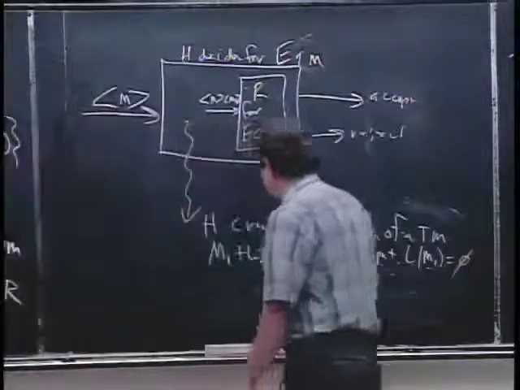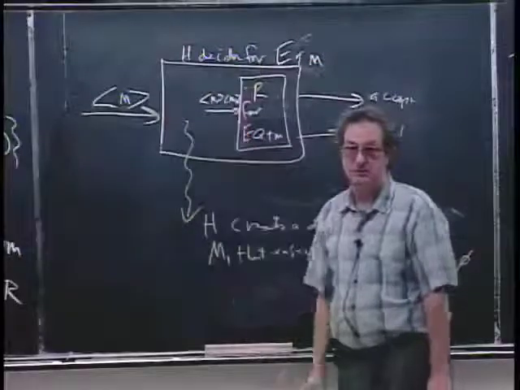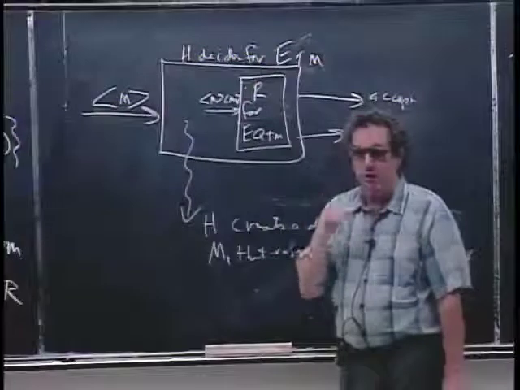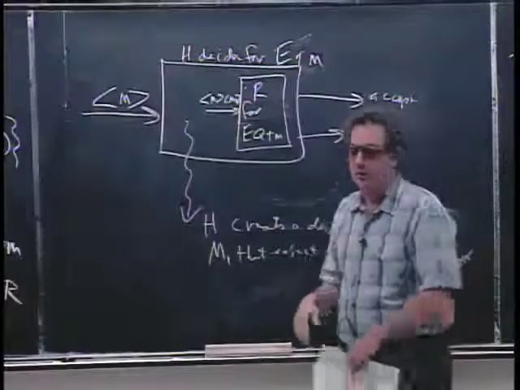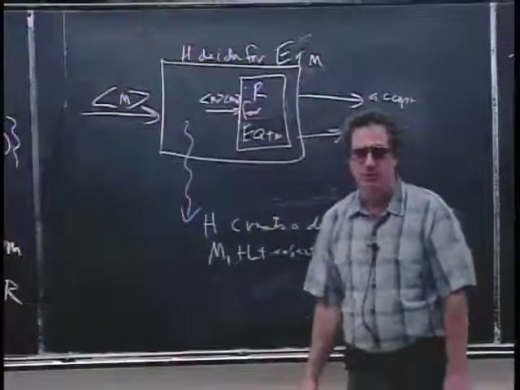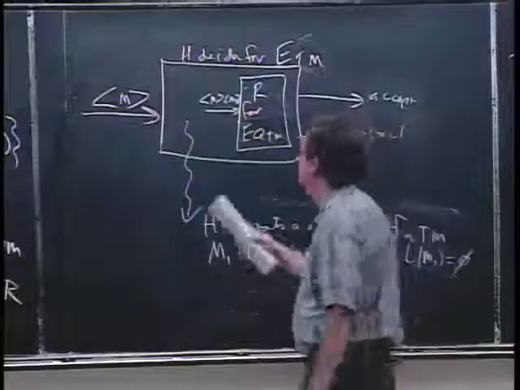So, anybody have suggestions for this? M and M1. Okay, yeah, you could do that. It seems more parsimonious to describe it as M1 and M, but the same thing.